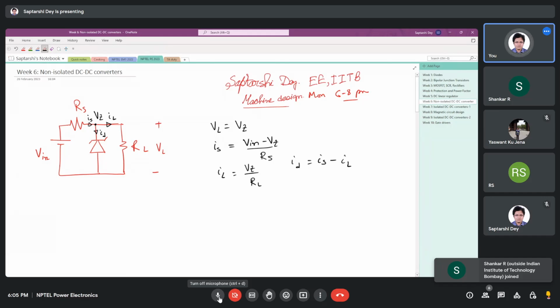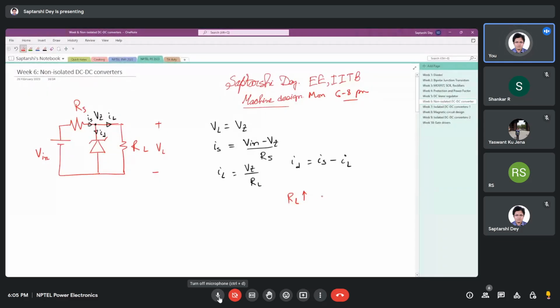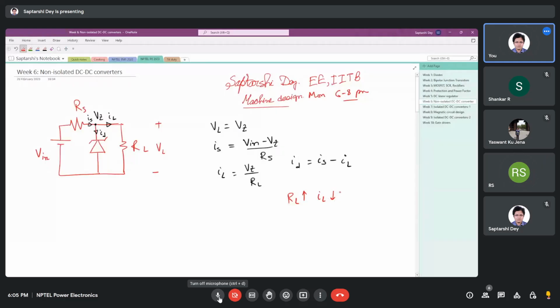So you are saying maximum RL. If I increase RL, that means I'm reducing the load. IL will drop.